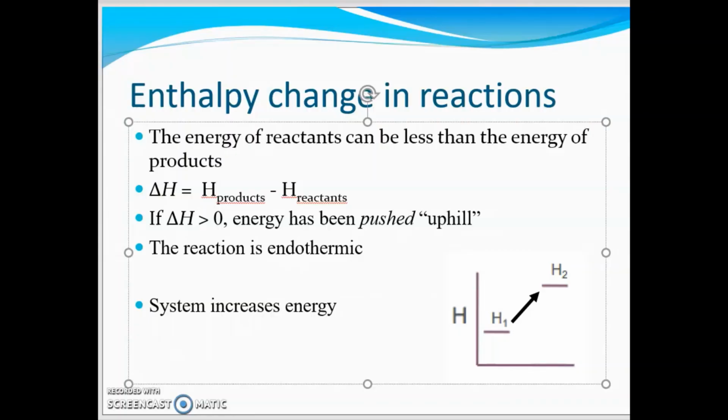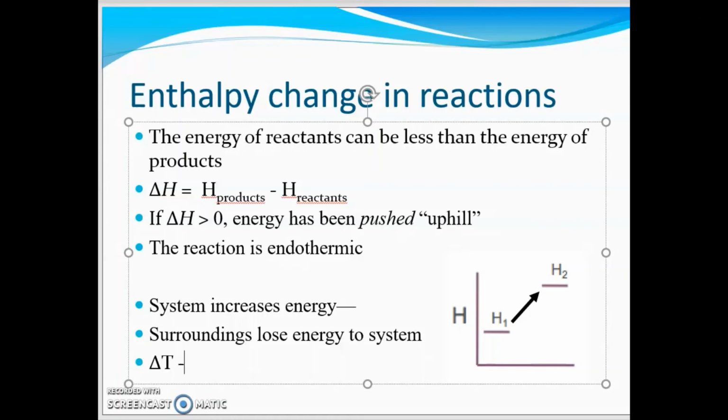And that energy can't just appear from nowhere. If the system increases energy, the surroundings have to lose energy to the system. That's where that energy has to come from. And so we'll see the surroundings are going to lose energy. And so that means our change in temperature here is going to be negative.